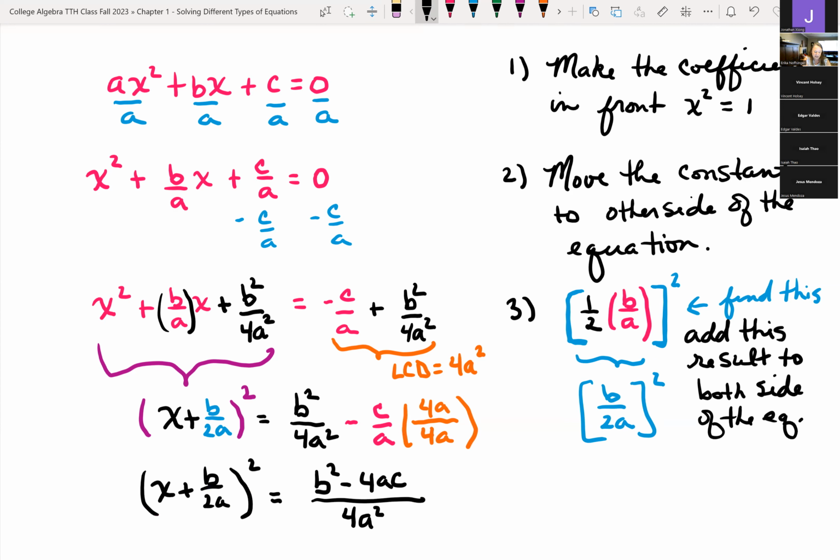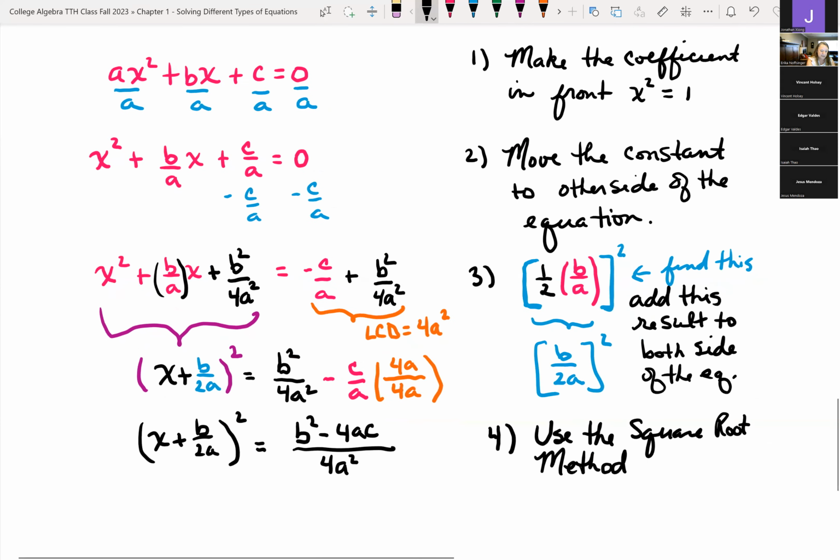So once you've done that, you found the number that, if you add it to the one side, would make the one side a perfect square, then you can use the square root method to solve. So let's take the square root of both sides of the equation.